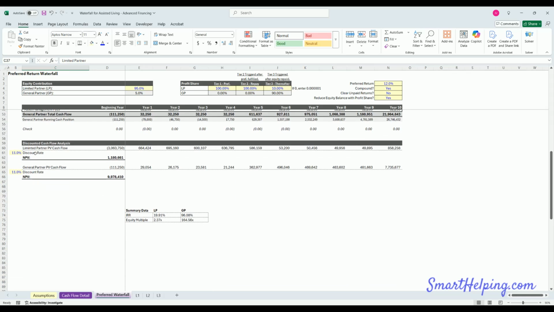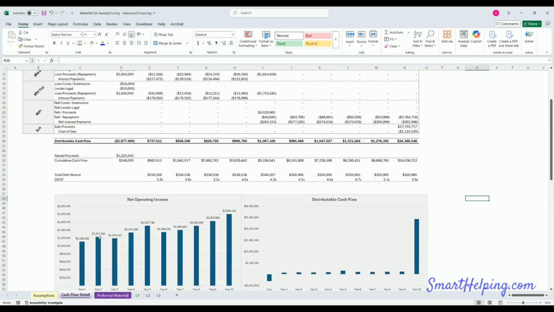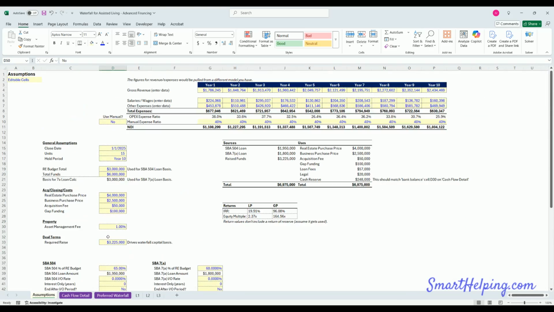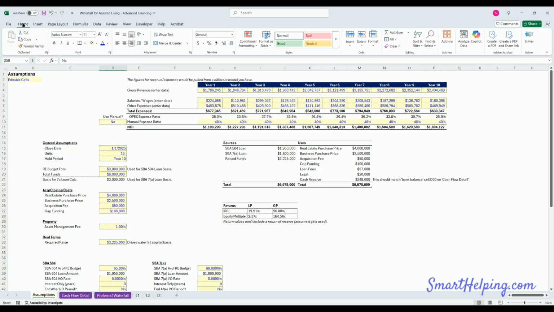We've got discounted cash flow down here, put in the discount rate. So yeah, I think this is a really cool underwriting tool. I've got a lot of new stuff in it. It's a nice, interesting layout. I've never done it exactly like this before.